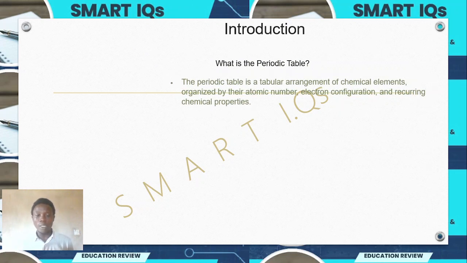The periodic table is simply a tabular arrangement of chemical elements organized by their atomic numbers, their electronic configuration, and by their recurring chemical property. We have to put recurring there. Why? Because periodic means something that reoccurs, something that happens in a repetitive manner.